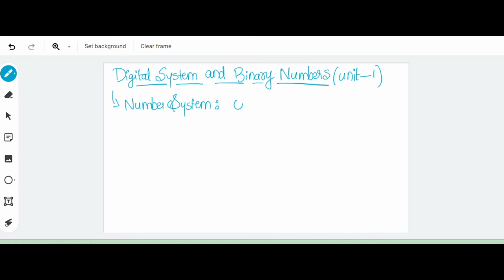The 10 digits are 0, 1, 2, 3, 4, 5, 6, 7, 8 and 9. So these are the 10 digits that we have in the number system.